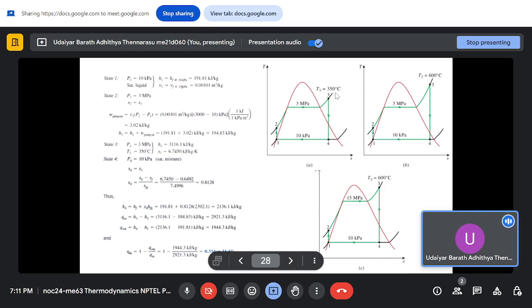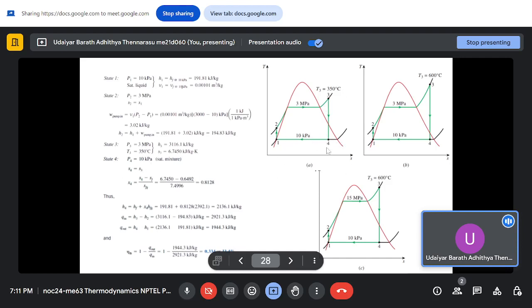Now state 3: pressure is 3 megapascal and your temperature is 350 degrees Celsius. Corresponding from the steam table, you will find enthalpy at state 3 is 3116.1 kilojoule per kg, and entropy at state 3 is 6.745. This being an isentropic process, at state 4, S3 is equal to S4. Your pressure is 10 kilopascal.